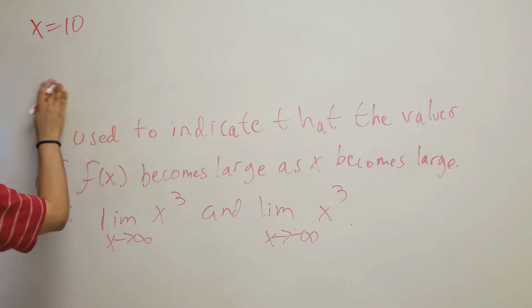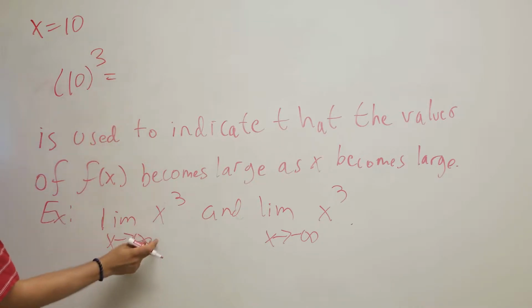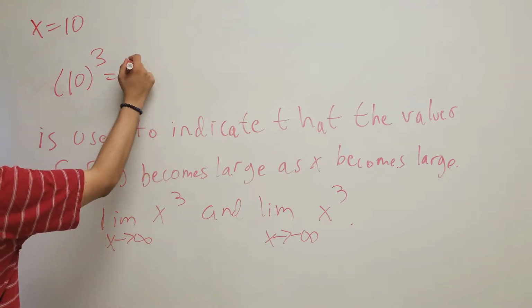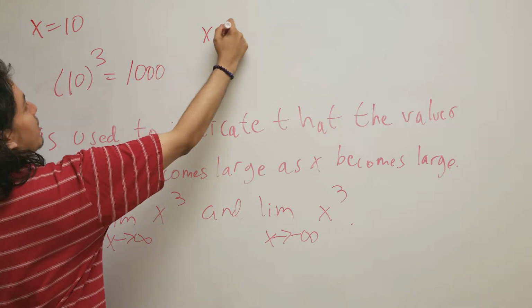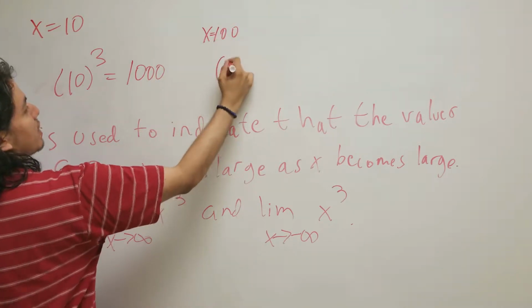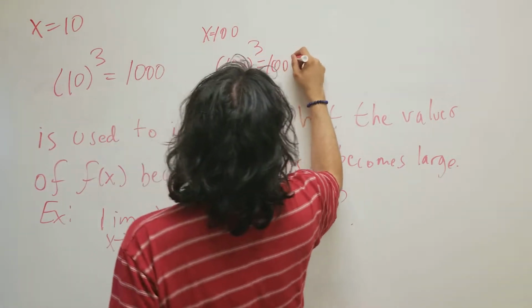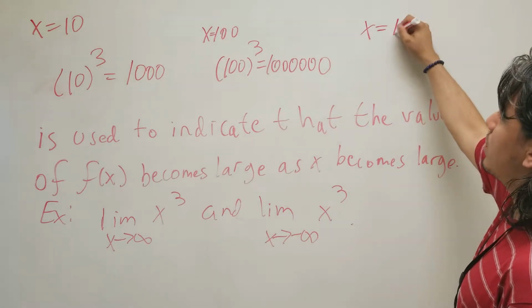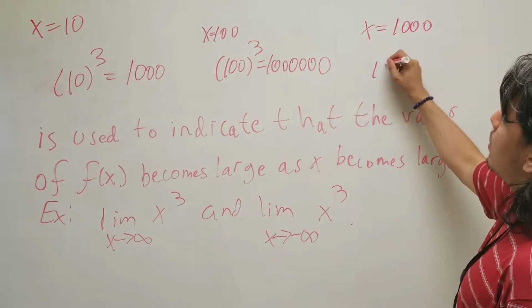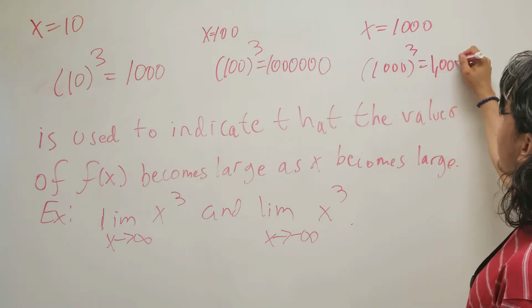So I have 10 to the third, because that's what I was given here. 10 to the third is 1,000. What about if I gave it 100? Then I get 100 to the third, which is 1,000,000. And if I gave x to be 1,000, 1,000 to the third is 1 billion.